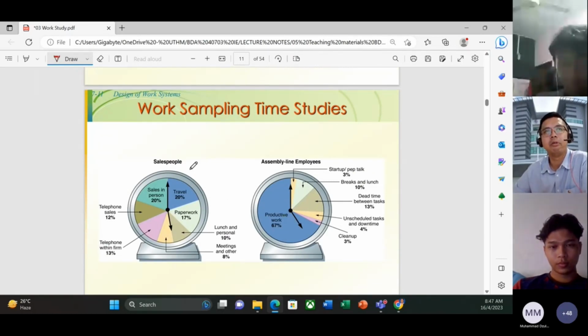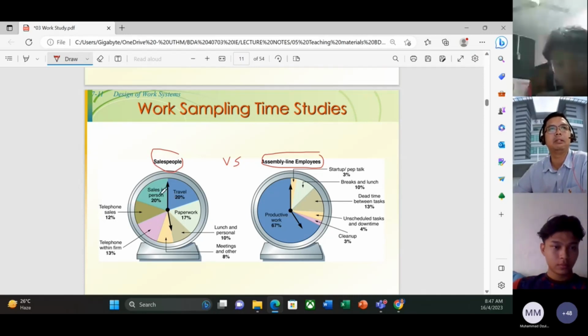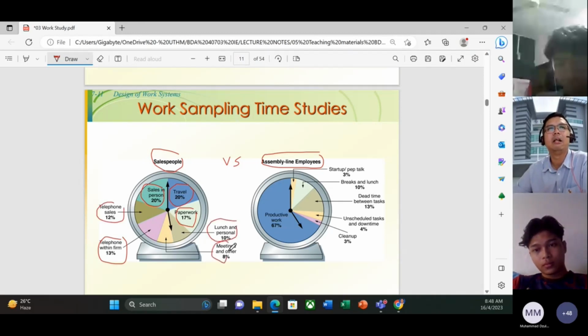When we look at the position of salesperson versus the position of assembly line employee, this is how the time study works, simply divided by percentages. For the salesperson, the highest one is on sales, 20%, traveling 20% of the time, paperwork 70%, telephone within the firm 30%, telephone sale 20%, and the rest is lunch, personal 10%, meetings and others.